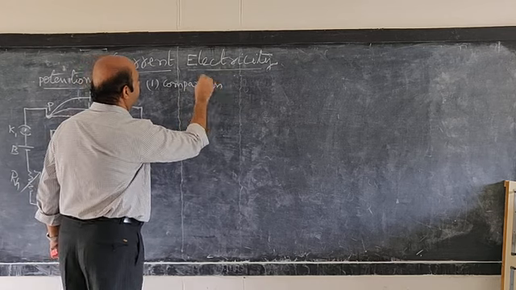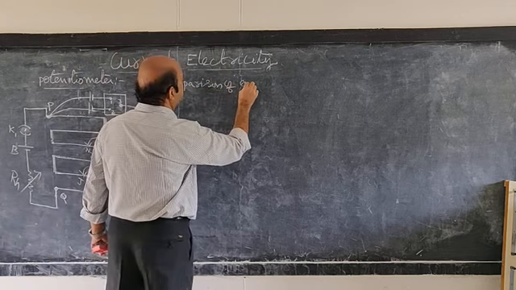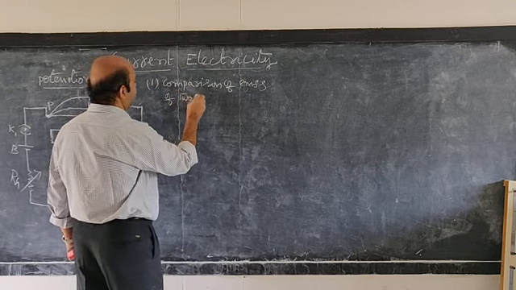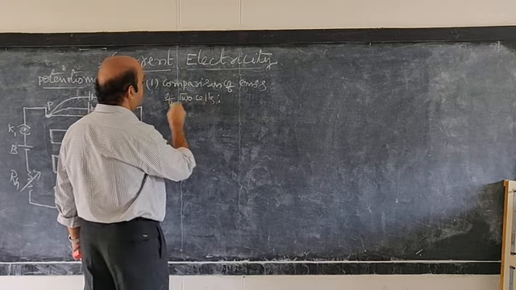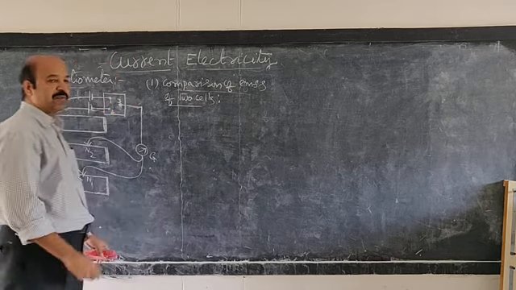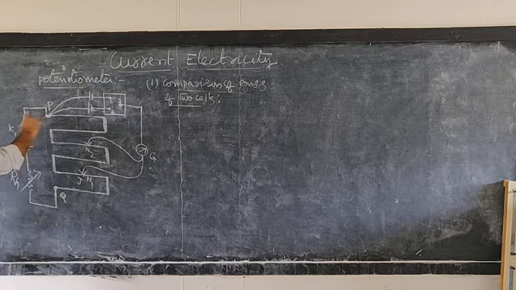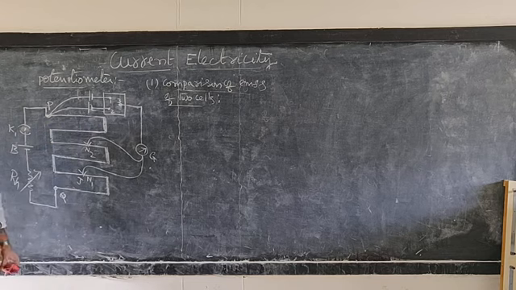Comparison of EMFs of two cells. The principle of a potentiometer is that the potential difference across the length of the potentiometer wire is constant.